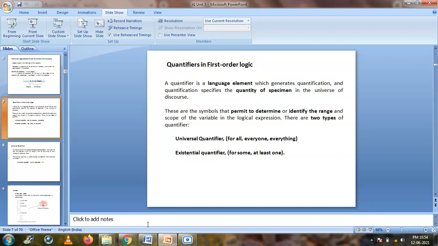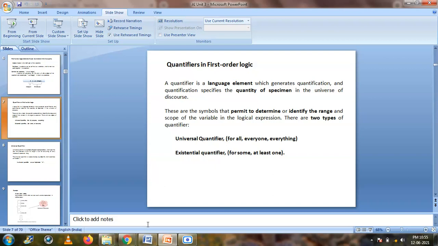Here there are two types of quantifier. One is the universal quantifier, another one is the existential quantifier. The universal quantifier means for all, everyone, everything; it is a general one. With for all, we point out everyone, everything like that.